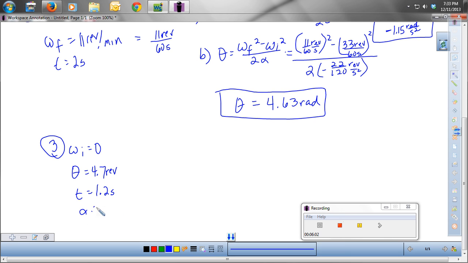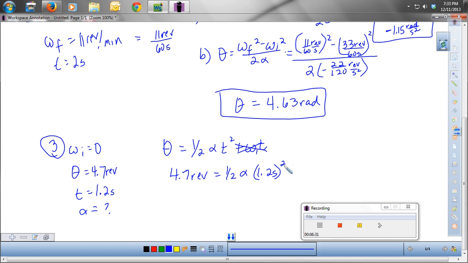So I know that theta equals 1/2 alpha t squared plus omega i t. That's 0 because it tells me that it starts from rest. So I'm going to have 4.7 revs is equal to 1/2 alpha times t squared.